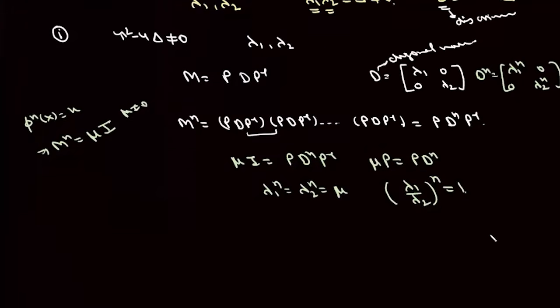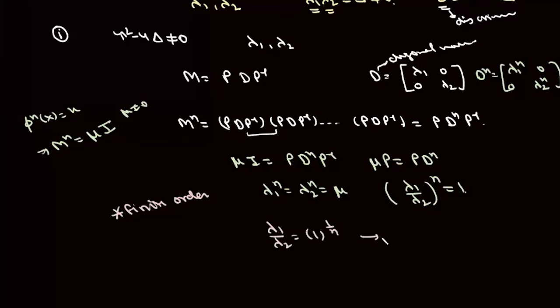So it means this transformation will be of finite order when lambda 1 upon lambda 2 is an nth root of unity, say omega n.